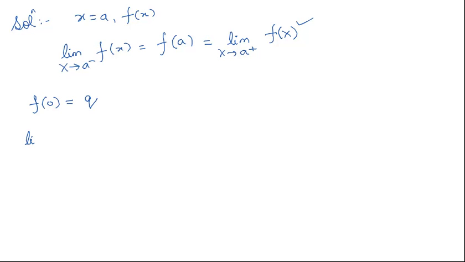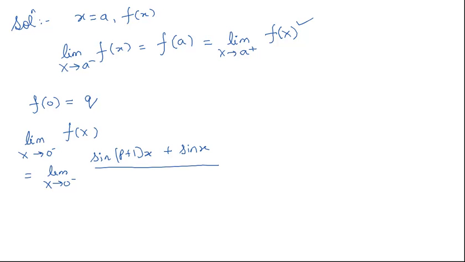Now we will calculate the left hand limit at x = 0, that is the limit as x tends to 0 from the negative direction of f(x), which is the limit of (sin((p+1)x) + sin x) divided by x.